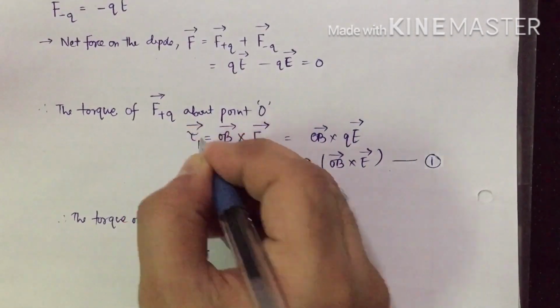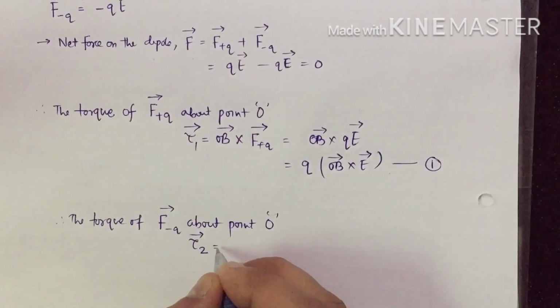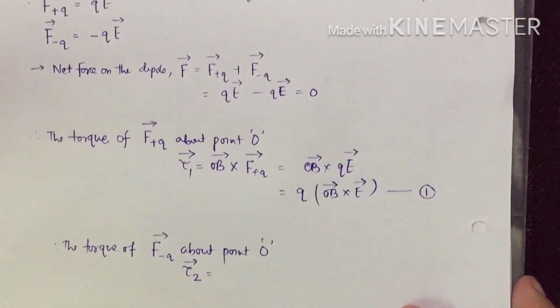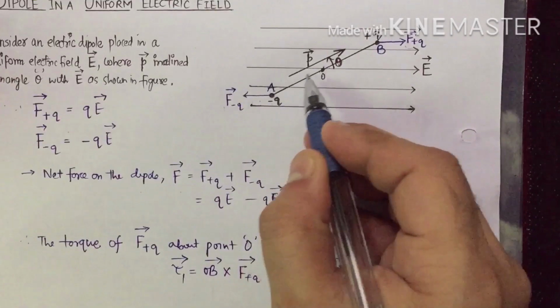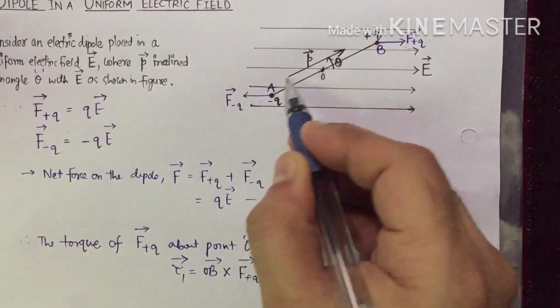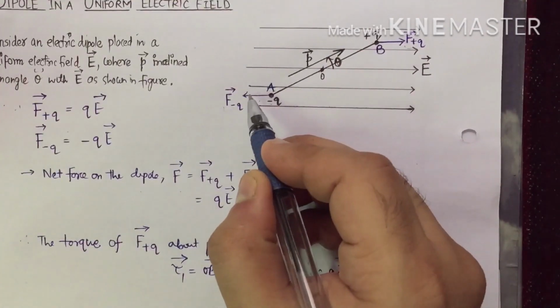It's a vector quantity, remember. Tau 2 is given by, what is torque? R cross F. So in this case R vector will be OA vector cross F minus Q.